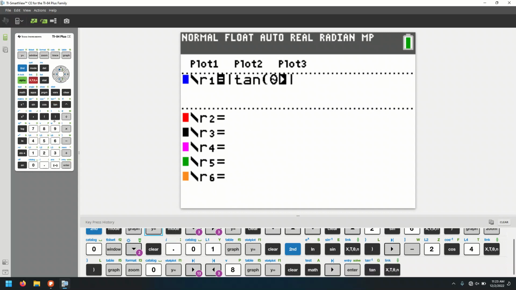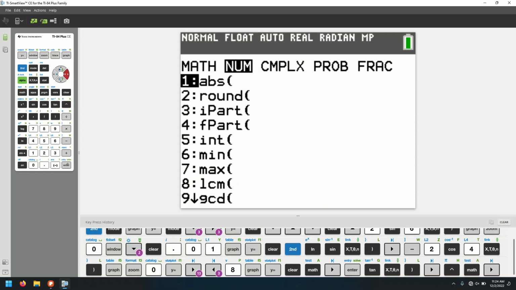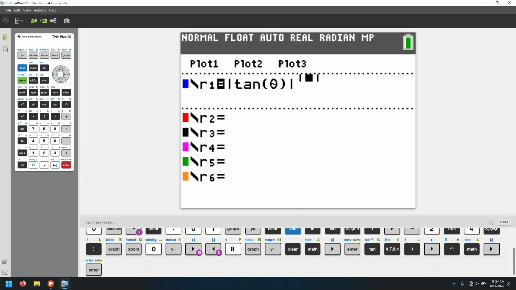Tangent theta, close parentheses, and we're going to raise this to the power that is another absolute value function, but in this case we need the cotangent function. Unfortunately our graphing calculator is not equipped with a standalone button for the cotangent function, but we know our trigonometric identities, and we know that cotangent is the same as 1 over tangent, isn't it?